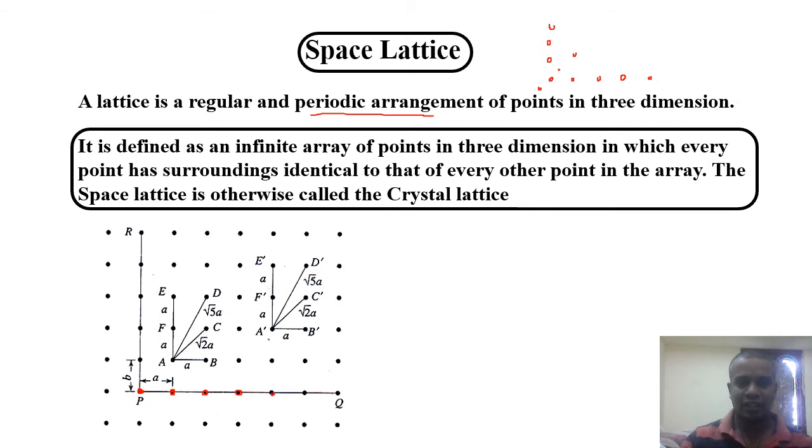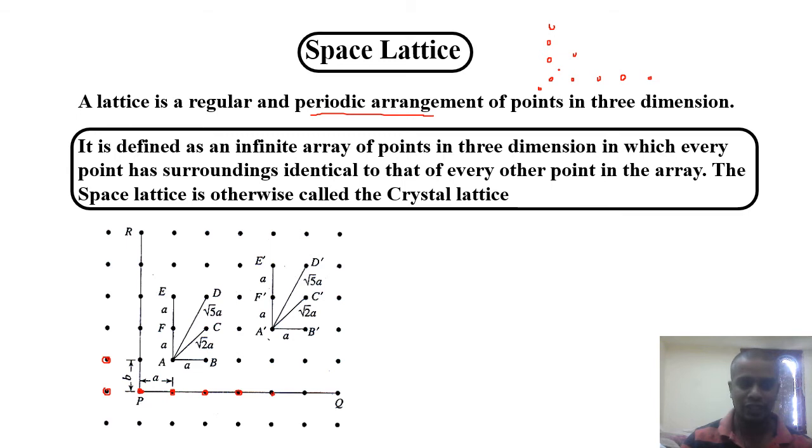Not only along the PQ line, even above the PQ and below the PQ, there is a row of atoms arranged. If you look at the y direction, because it's a 2D lattice, the one more direction is the y direction. There is also a periodicity.